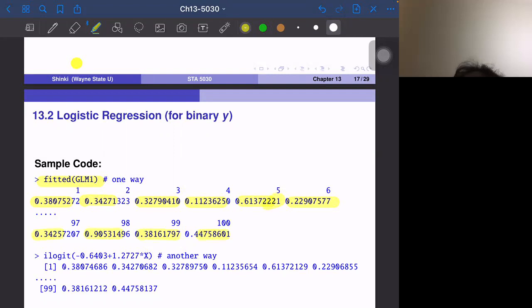For the last 50 observations, some have high probability, some have low probability. This is balanced data with 50 successes and 50 failures, so it's fine.